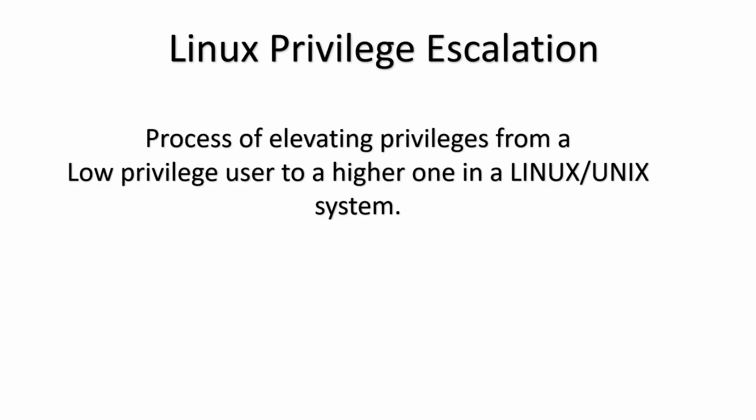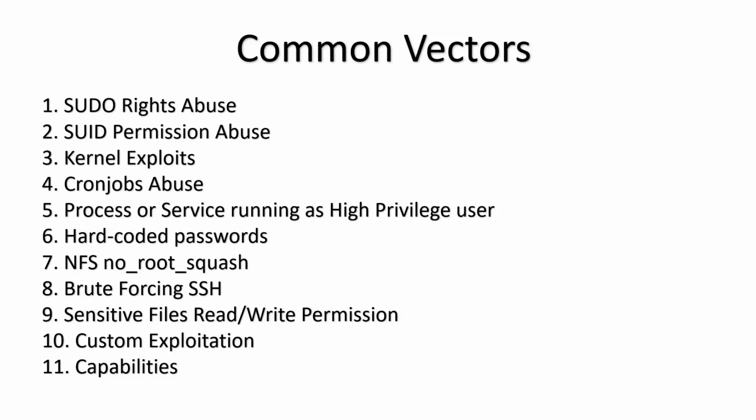So here I have collected some common vectors that are used for Linux privilege escalation, and I will explain all of them one by one. First one is sudo rights abuse. For example, your current user, which is a low privilege user, has some rights to run the sudo command with some other program or binary as root or some higher privilege user.